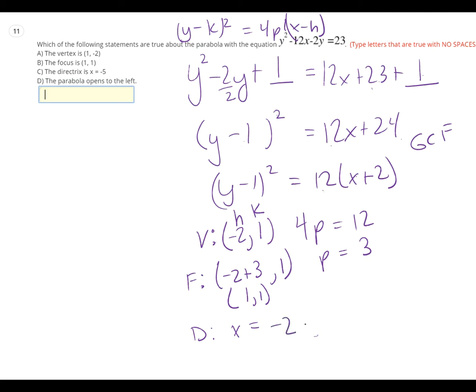The h value was -2, and I'm subtracting the p value. So really it's x equals -5. Because this value was positive in front here, when p is greater than 0, it opens to the right.